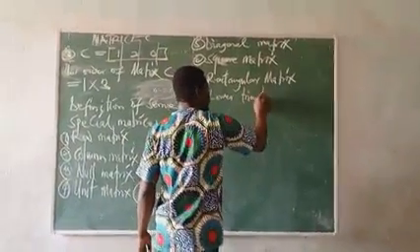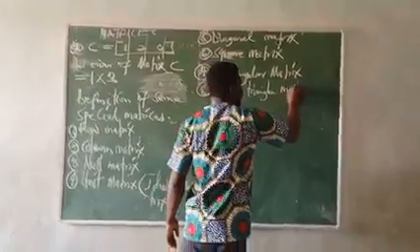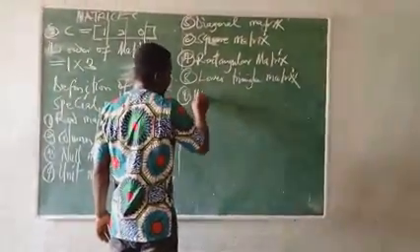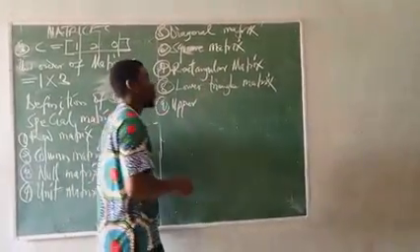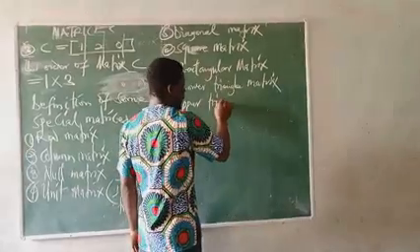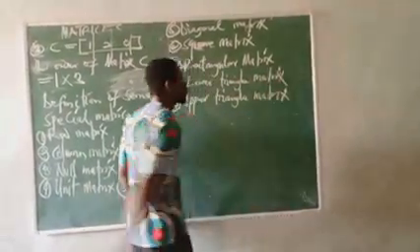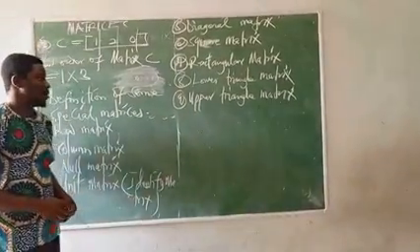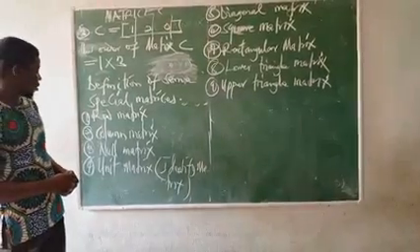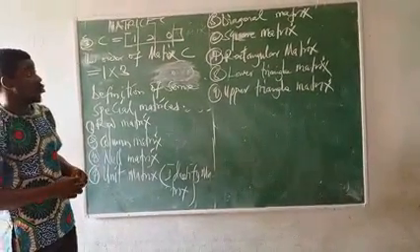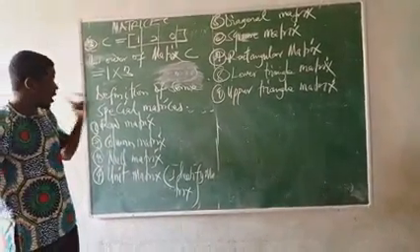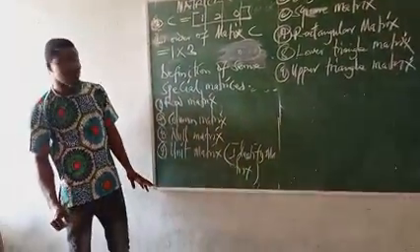And of course, number 9, we have the upper triangular matrix. Okay, so I think those are some of the various types of matrix we have. So now I will be explaining them one after the other orally.